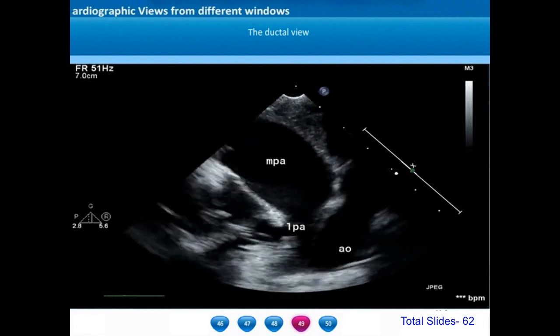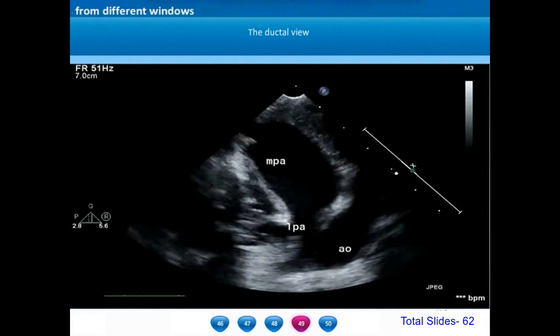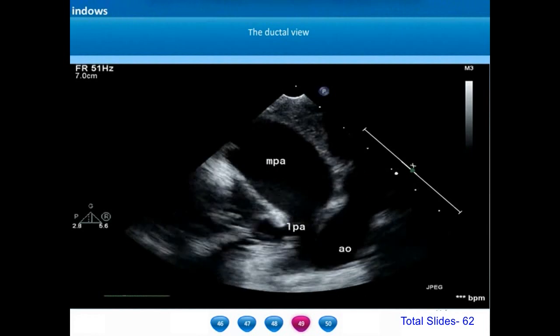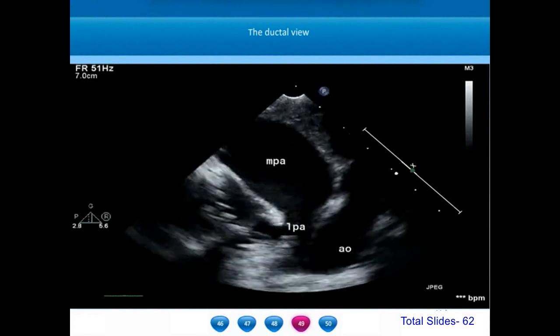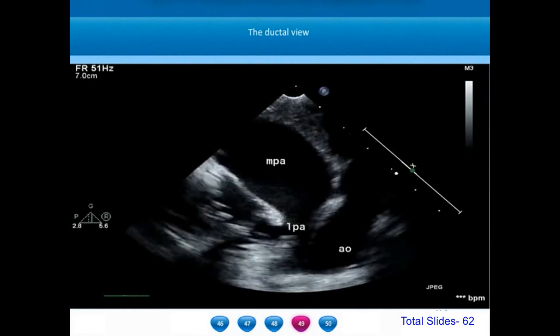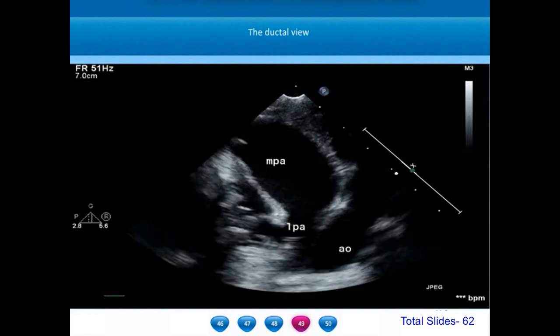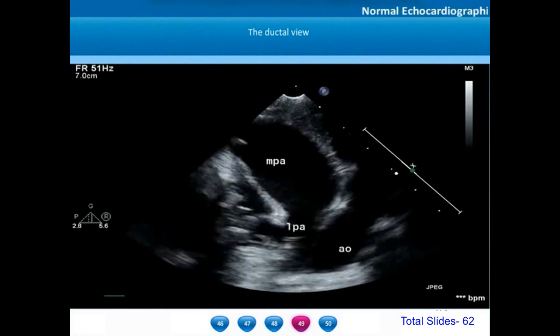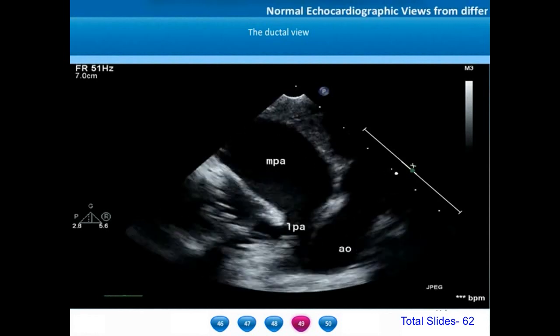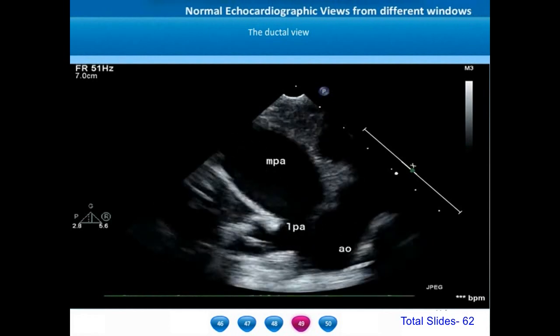This view is called the ductal view since patients with ductus arteriosus will show the patent ductus in this particular view. This ductal view will be explained in detail in the module on PDA, which you will come across later in this textbook.